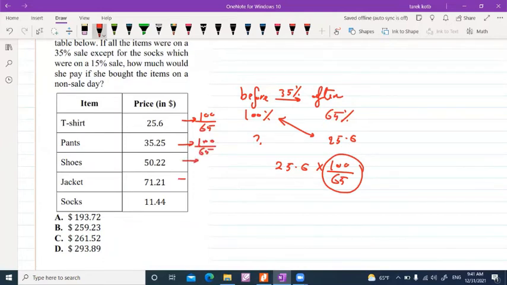What about this? This is 15%. Means before was 100, and then after discounting 15%, it will be 85%. That means you multiply this by 100 over 85.